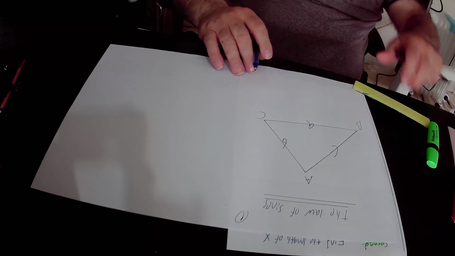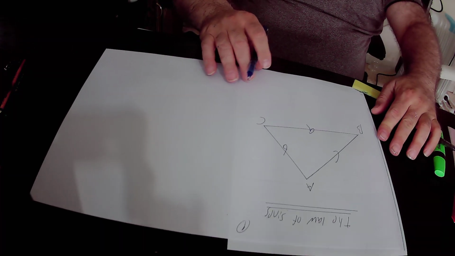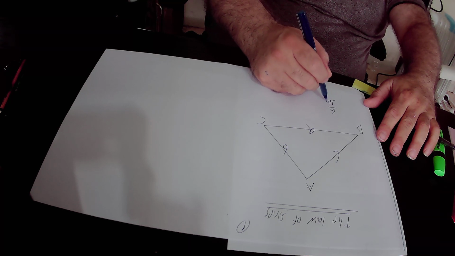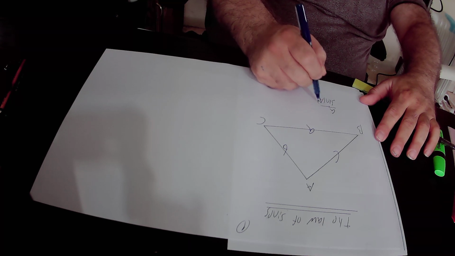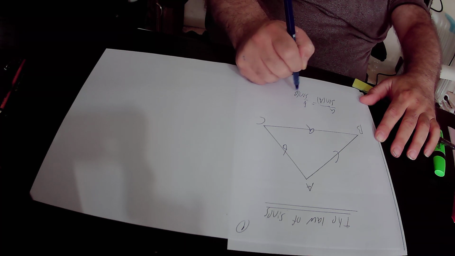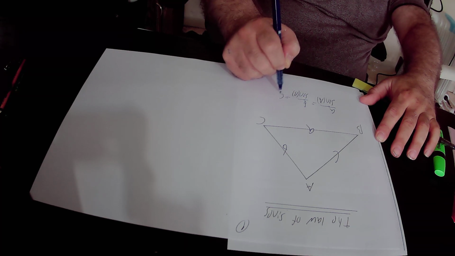Then according to the law of sines, we get that A over sine A equals B over sine B equals C over sine C.